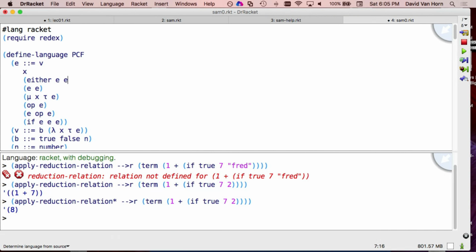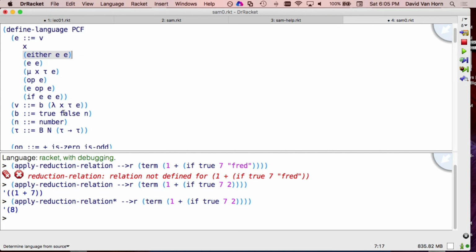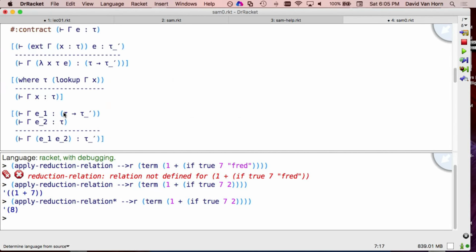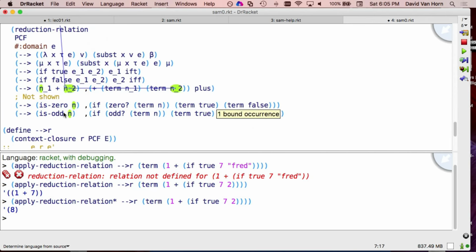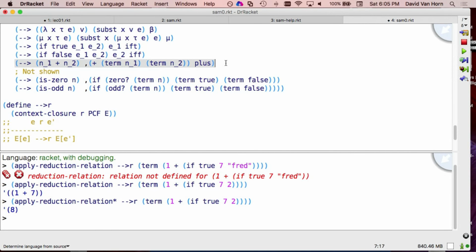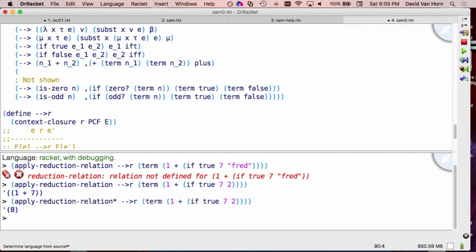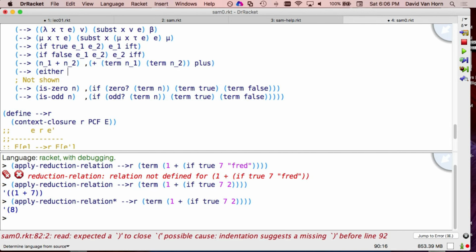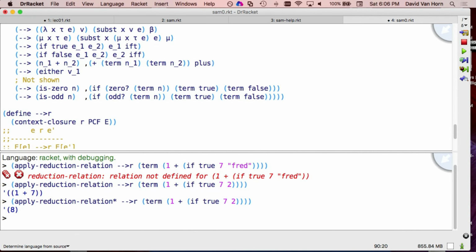Let's say either. We'll add a new construct to the language. I won't give a typing rule for it because let's just see how it runs. So we have a bunch of different choices for how to do this, but let's do it this way.